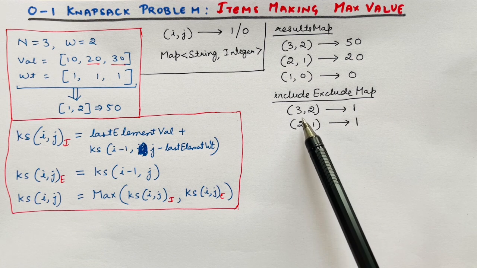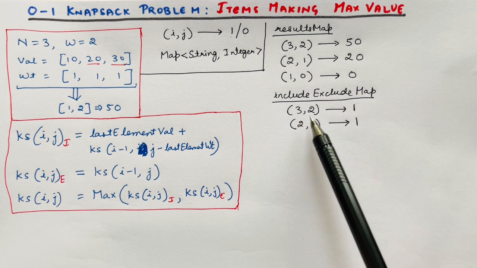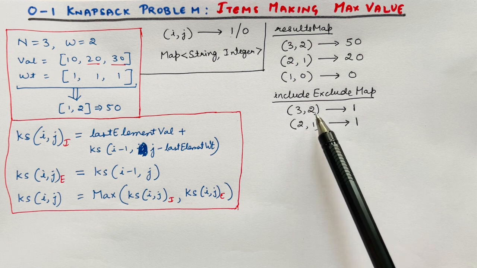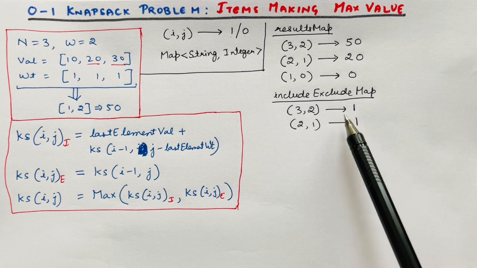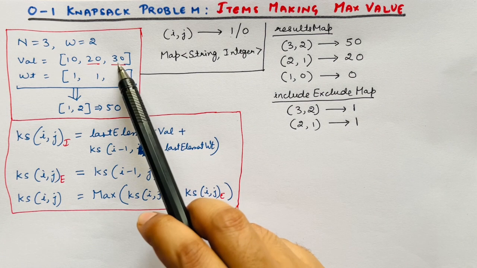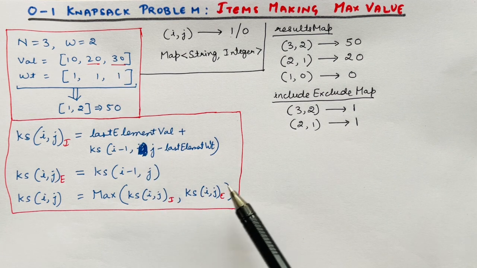That means if we are considering the first three items and our capacity is 2, then to obtain this maximum value, we need to include the third item. Which is the third item? This, whose value is 30.